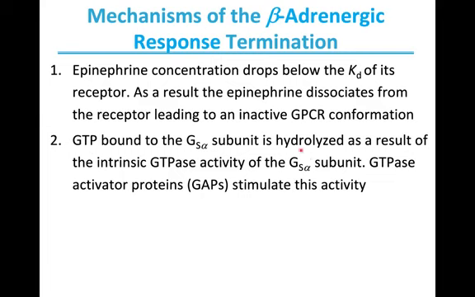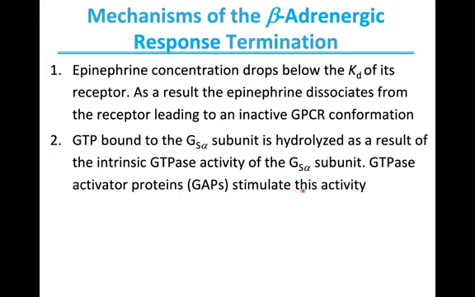As a result, Gs alpha becomes inactivated because it is now bound to GDP. This leads to the interaction of Gs alpha with Gs beta and gamma, leading to an inactivated GPCR complex. Now, the rate of inactivation of Gs alpha depends on the activity of this subunit to hydrolyze GTP.